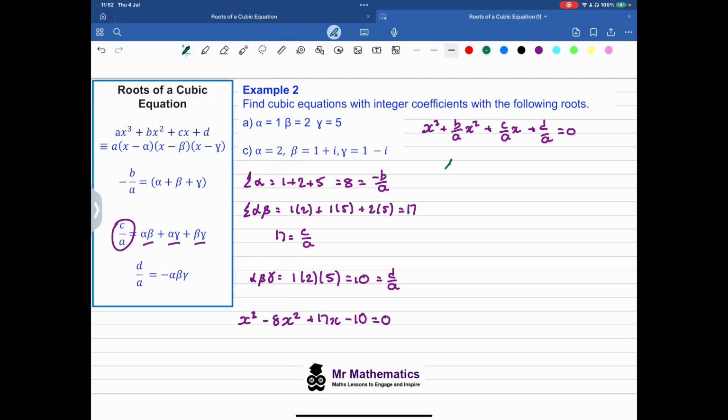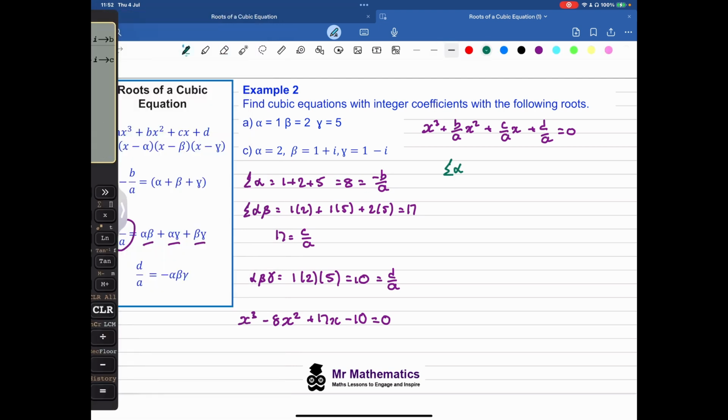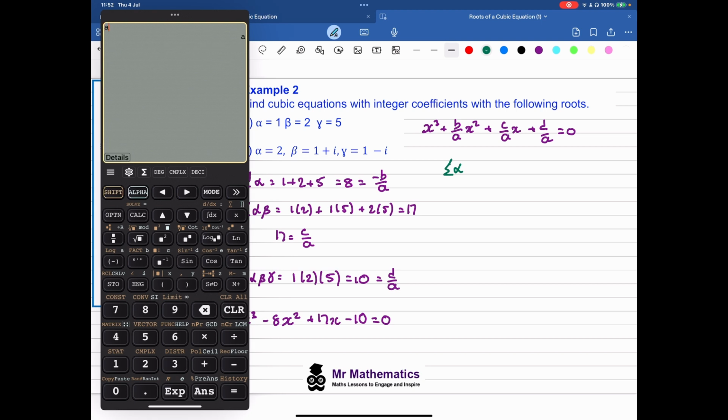So to work out the sum of the roots, we can go to alpha plus beta plus gamma, and this will give us 4. We can work out the sum of the product pairs. This will be alpha beta plus alpha gamma plus beta gamma, and this will give us 6.